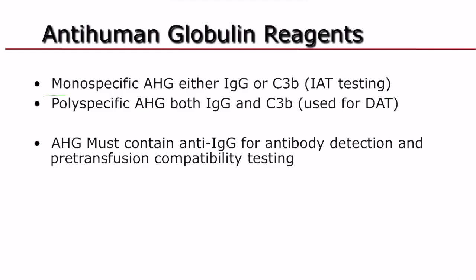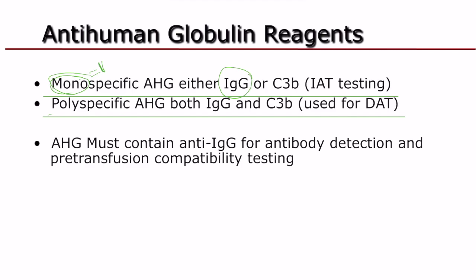So we have monospecific anti-human globulin, and we have polyspecific. And what that means is, let's just think about mono. Mono is one. So we have a reagent that is either IgG or C3b. And C3b is one of those complement molecules. And we'll talk about why it's important to test for both of these.